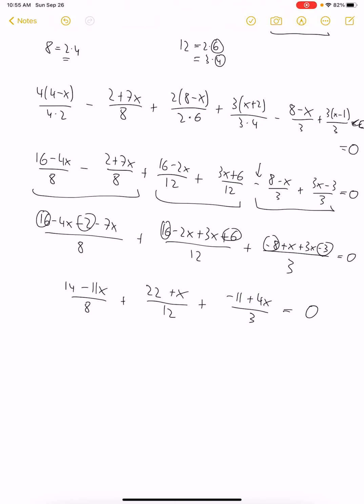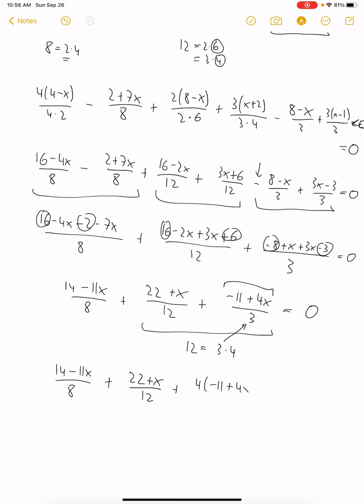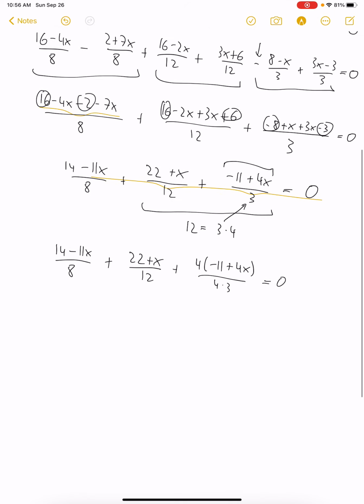Now, for example, let's combine these two terms, because we know that 12 is 3 times 4, which means we can just multiply and divide the second term, the term overall, second in the pair, by 4. And then what we get is 14 minus 11x over 8 plus 22 plus x over 12 plus 4 times minus 11 plus 4x over 4 times 3 is equal to 0.